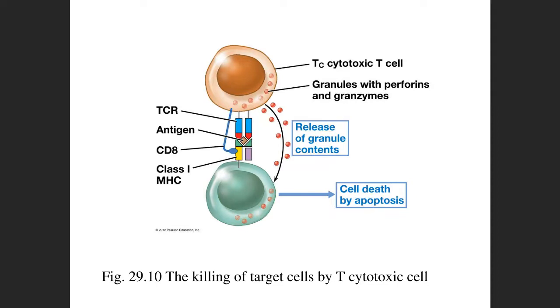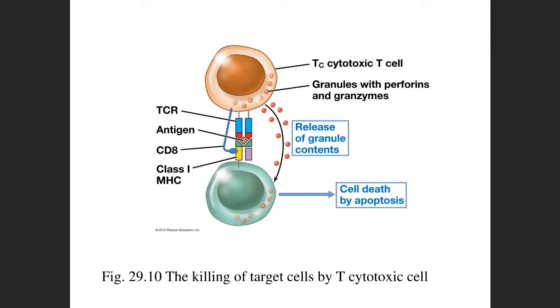And then you have the MHC complex. It's called major histocompatibility complex. It's a mouthful. That's the receptor on the cell that is to be killed. Every cell has this MHC complex. What's important here is whether or not the cell has the antigen.